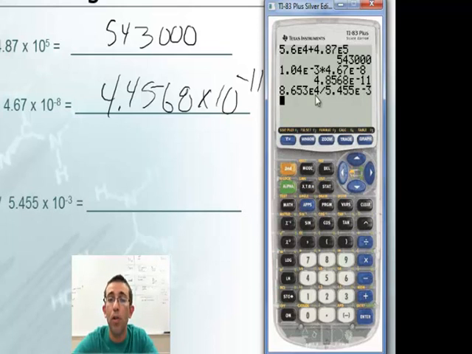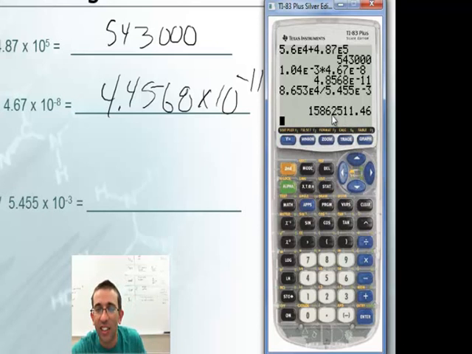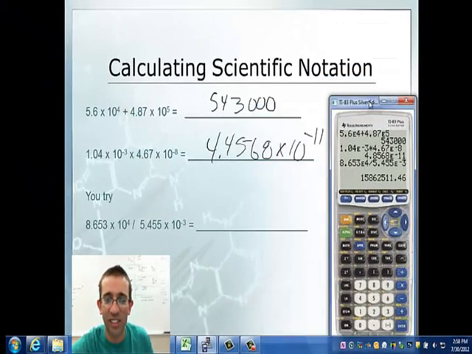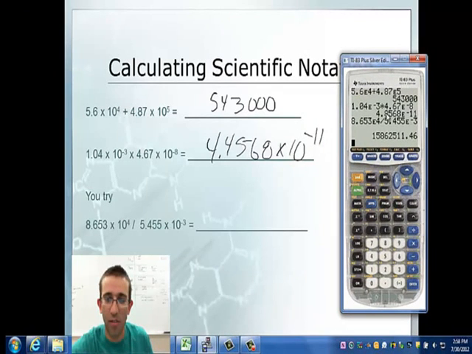And again, the beauty of the E is you don't have to put parentheses around this. The calculator already reads it correctly. And you push it in there, you get a whole big old answer here of 15,862,511. Okay, so here's your answer right here. Make sure you copy that down.